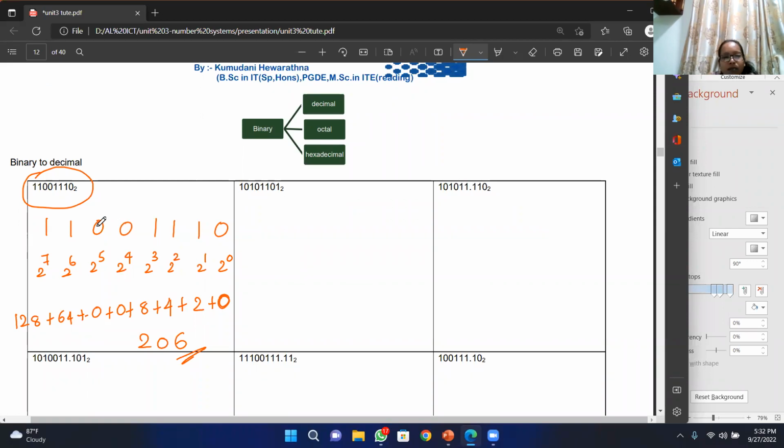Right, don't calculate the middle zeros and the zeros, just take as zeros. Next one, do the next one, and I want the answer from Tilini again, right?